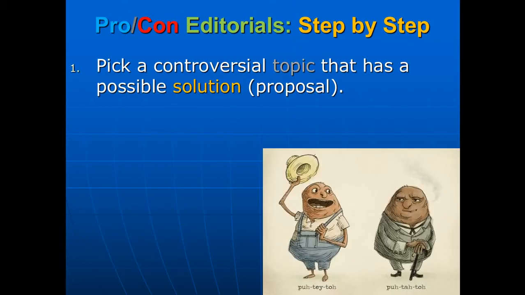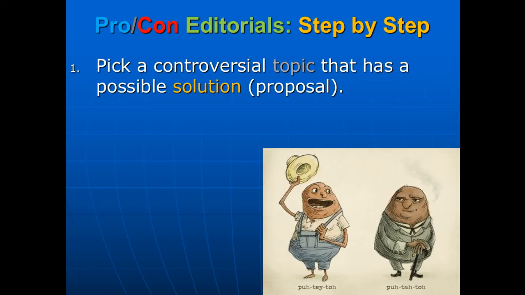So step by step, you're going to pick a controversial topic that has a possible solution, because the final paper is going to be a proposal. You're not required to keep the same topic for your proposal, but if you do, then a lot of your work is already done for you, because a lot of what you're doing in the editorials are things that you're going to have to do in the proposal anyway.